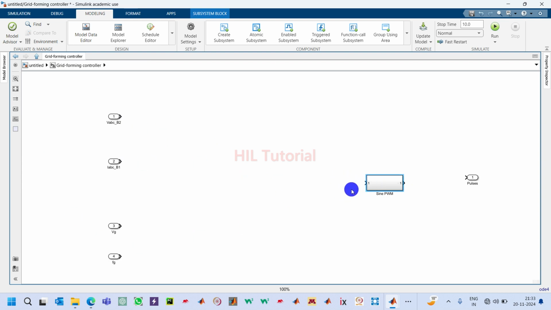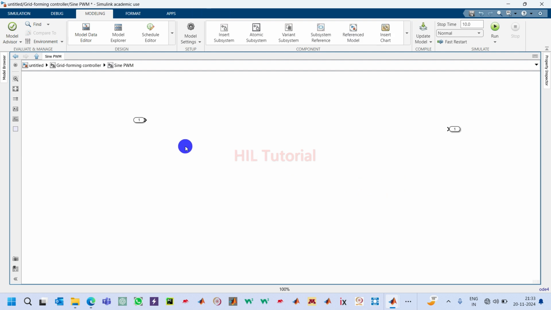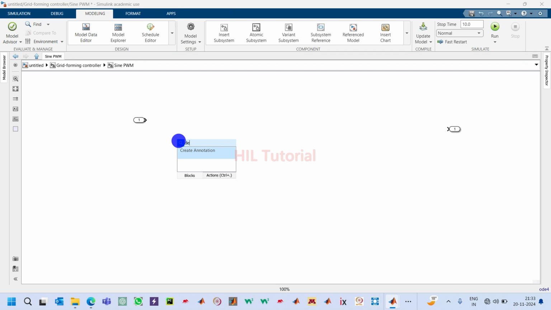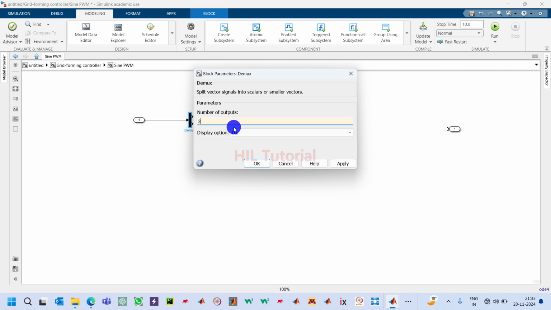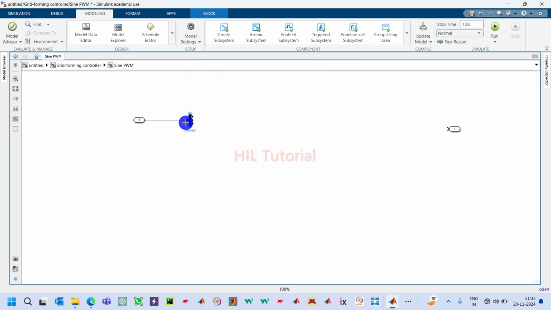So that signal we have to demux. So use one demux, and double click on it and make it 3. So from here we will get sine A, sine B, sine C.